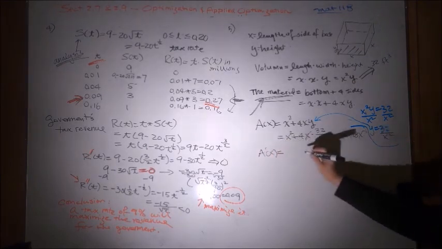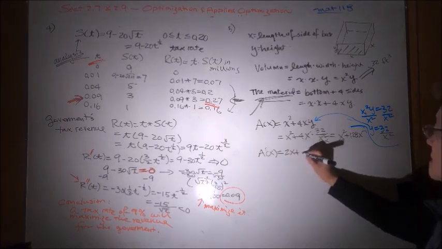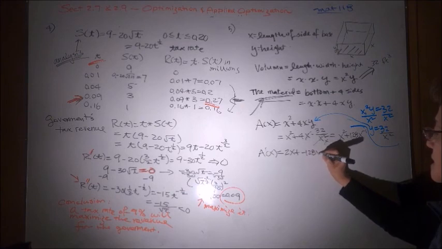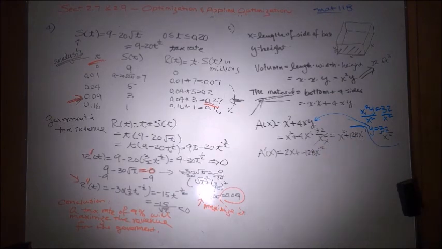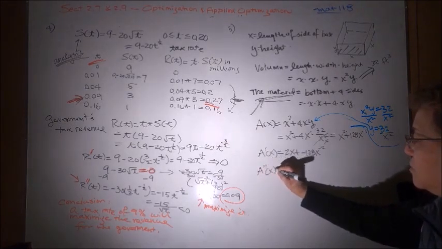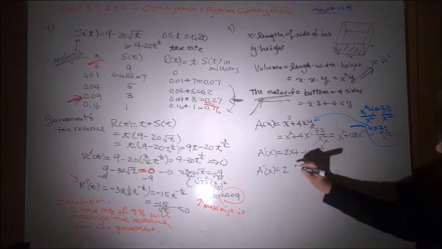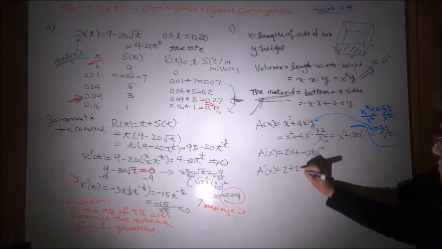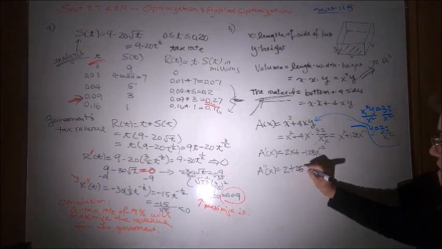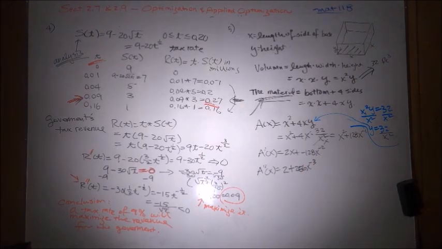So you do that. Take a derivative: 2x minus 128x to the negative 2, right? Then your A double prime would be what? 2 plus 256x to the negative 3. Is that right?